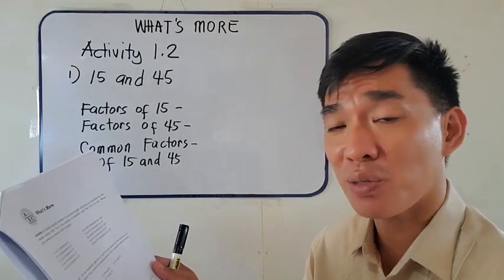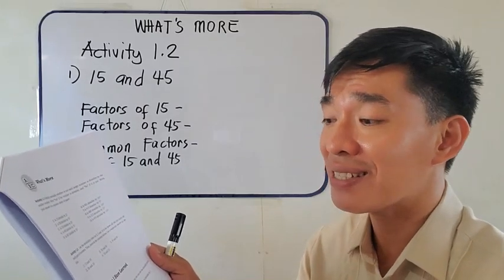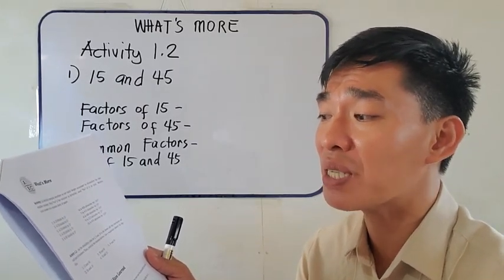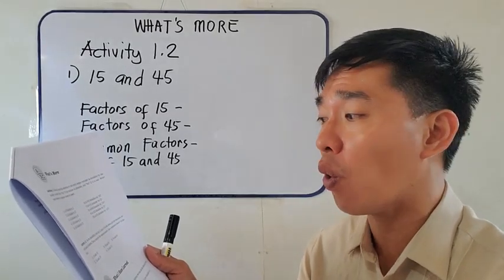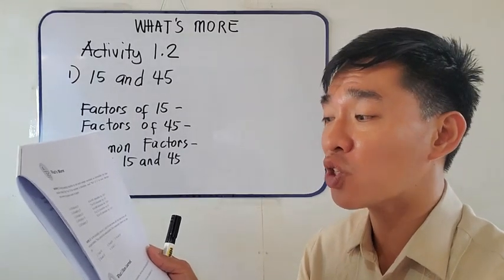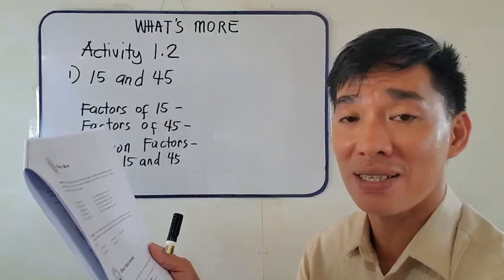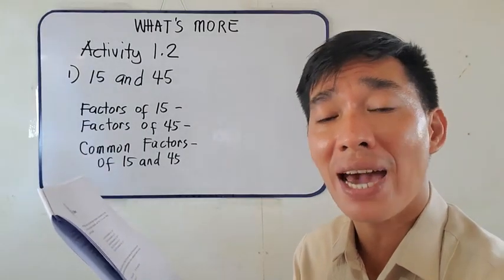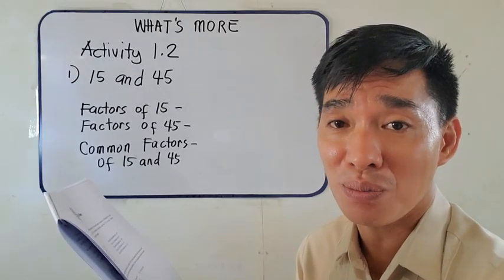Activity 1.2 of What's More is on page 5 of your module, and it says here to use the divisibility rules for 2, 5, and 10 to list down all the factors of each pair of numbers. Then, encircle the common factors. Use a separate sheet to do this. So it simply means that you have to write your answer on your pad paper or in your notebook.